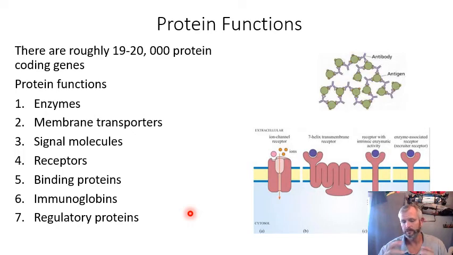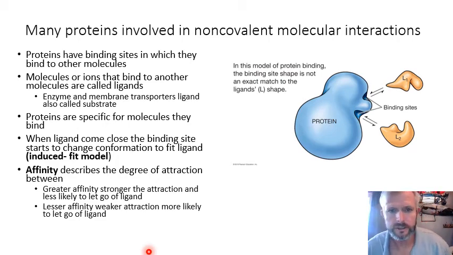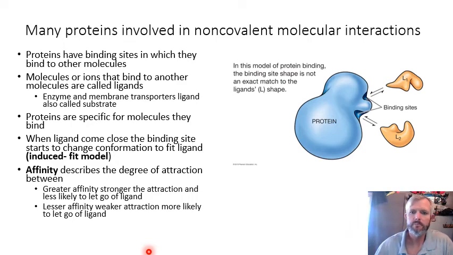We got to make sure we keep them properly folded. So hopefully I've nailed into you the importance of the proteins having these three-dimensional structures. Okay, because many of these proteins, since they are the functioning molecules of the body, have interactions with many other molecules.